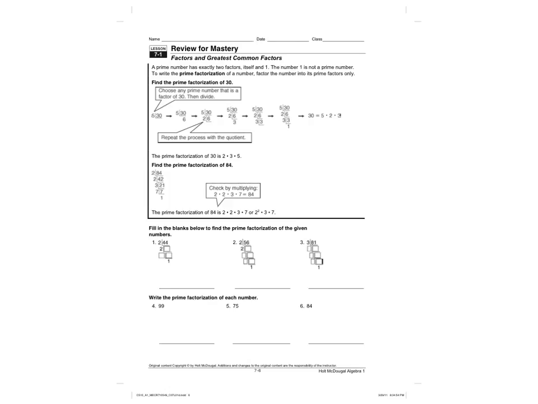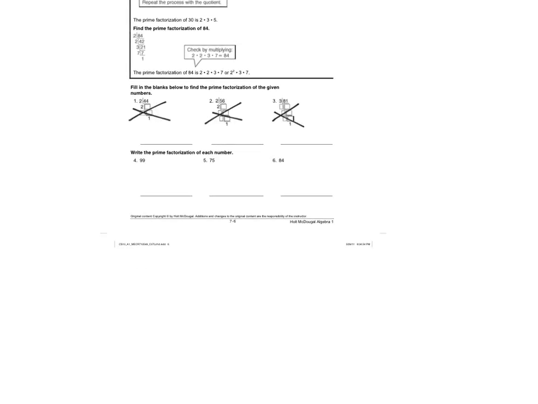Okay, 7-1, this is where we learned how to find the greatest common factor. I am not going to ask you to demonstrate the ladder method. I am going to ask you to give me the prime factorization. You will have 2 factor trees. So you will have to show me the tree. So for example, on number 4, where the number is 99, we will start with 2 numbers that'll multiply to give me 99.